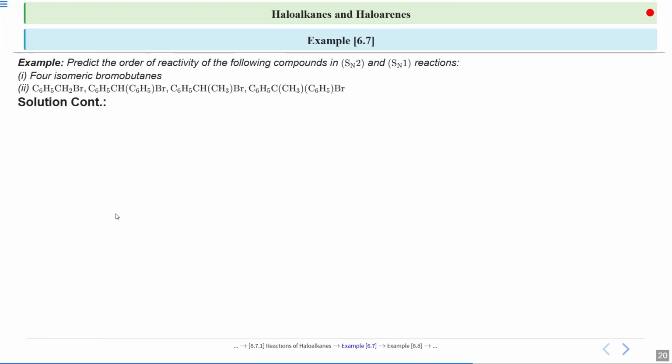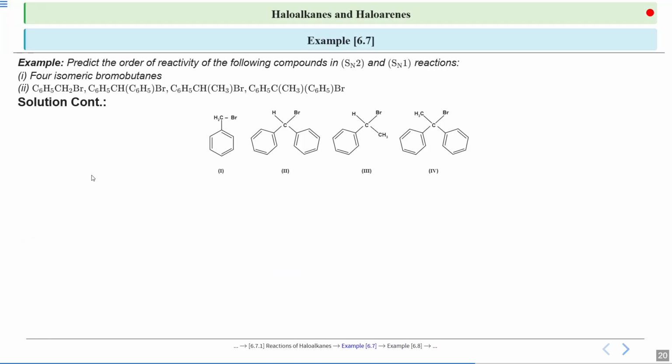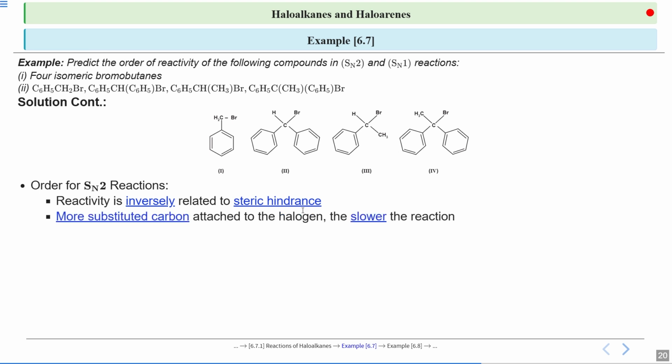Now, let's see the order according to the SN2 reaction. Reactivity in the SN2 reaction is inversely related to steric hindrance. So a more substituted carbon attached to the halogen will show a lower reaction rate. The order of reactivity in the SN2 reaction is: primary halide most reactive, then secondary halide, then tertiary halide.